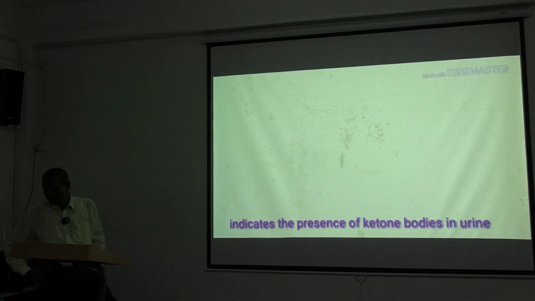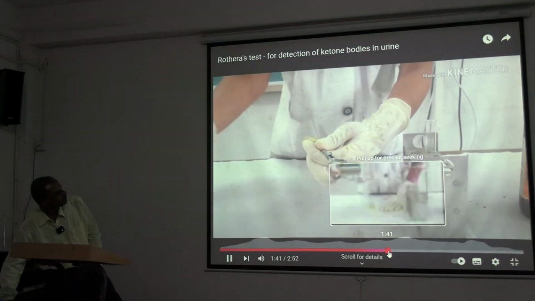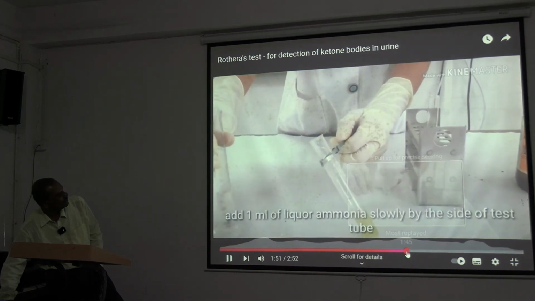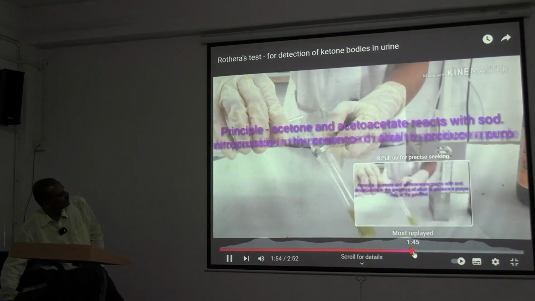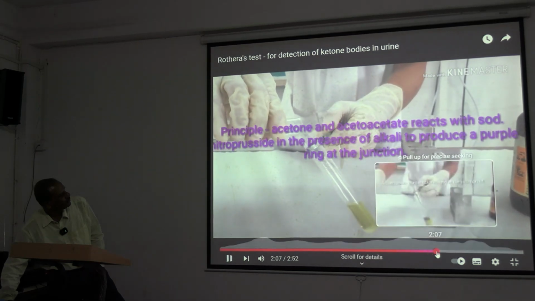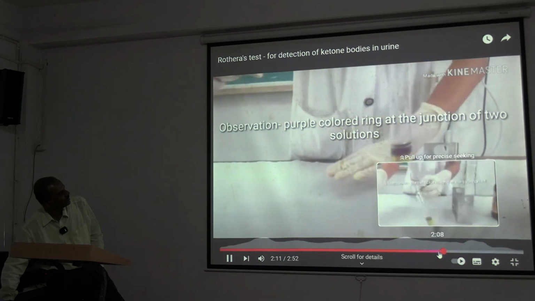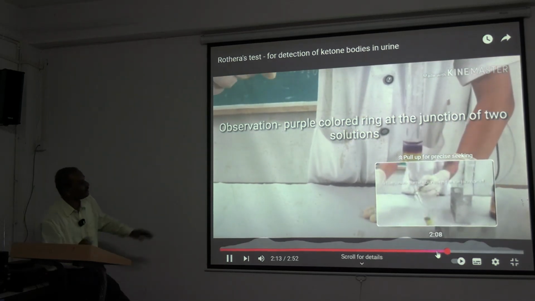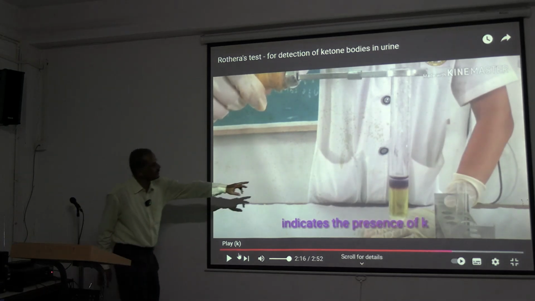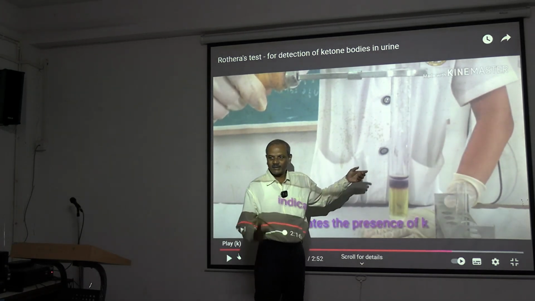See, do not allow it to, see the moment it is formed. If the examiner is around, just show the ring, and do not say the trick is here. If you shake a little bit, that ring will get disturbed.